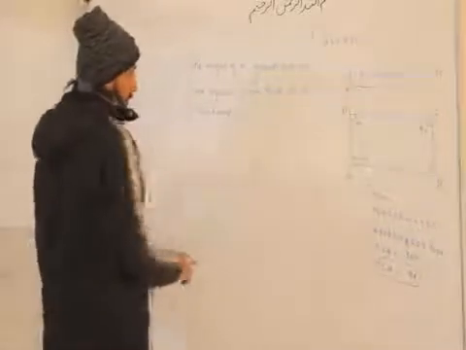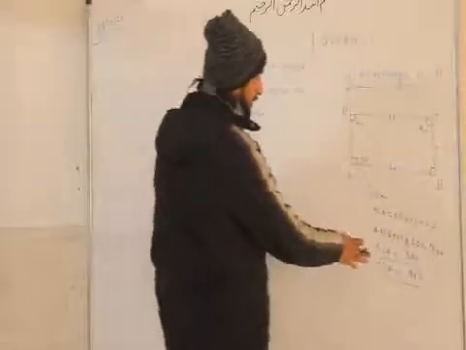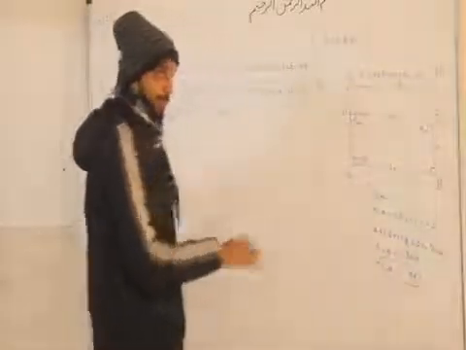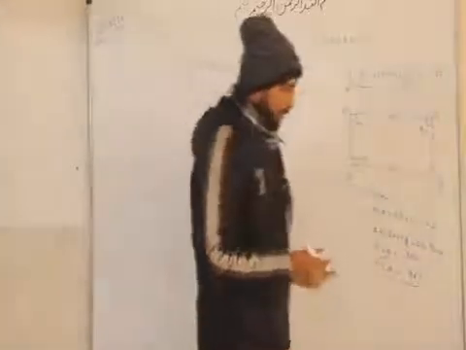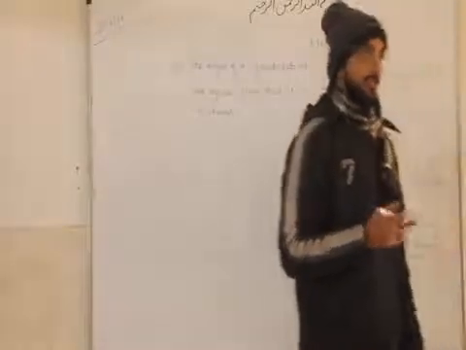So this is the figure. The one condition that we have already proved: all angles are equal to 90 degrees. So what must be the next condition to satisfy that it is a rectangle? What can we do for that?